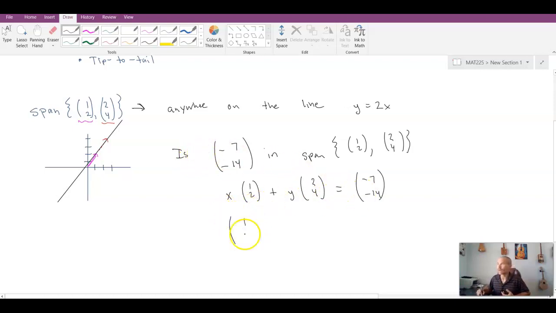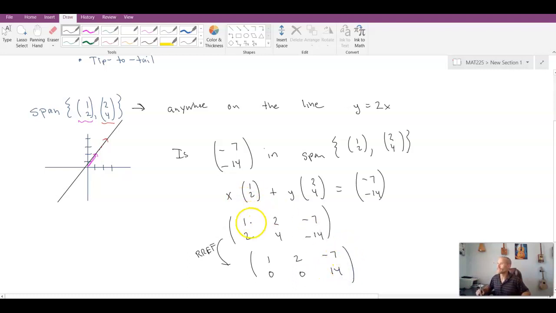I can find that out when I solve this system, (-7, -14), and do my Gaussian elimination to get this into reduced row echelon form. I will get 1, 2, -7 in the first row, and 0, 0, 0 in the second row.